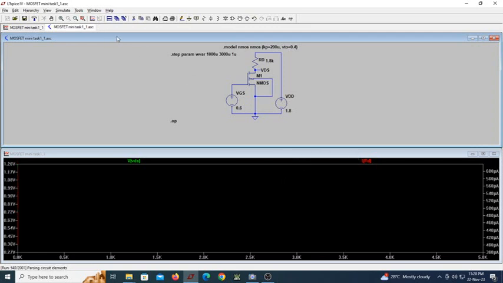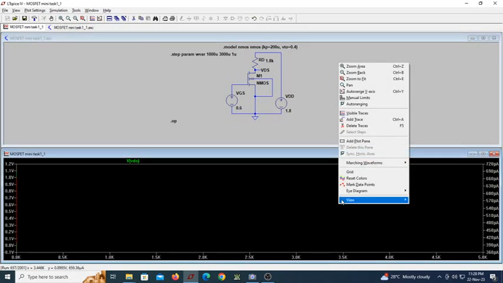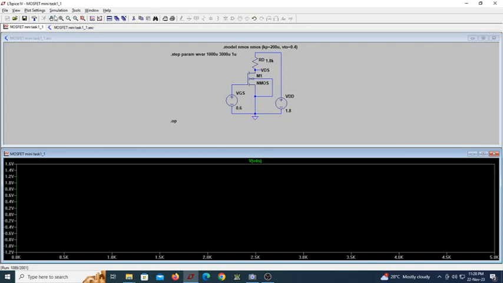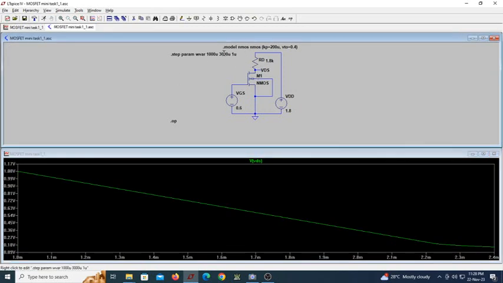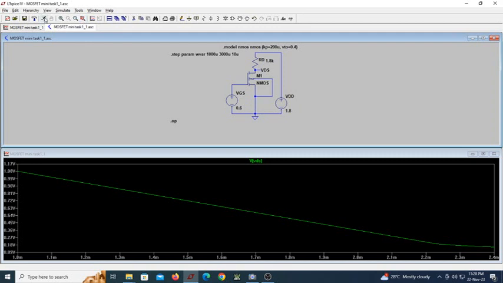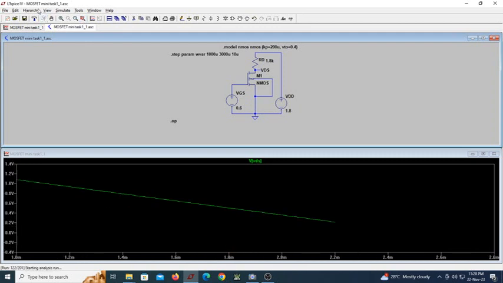Let me delete this F5. It's taking too much time, so let me stop this and do it with an increment of 10U. Now you can run. I can see it is coming quickly.